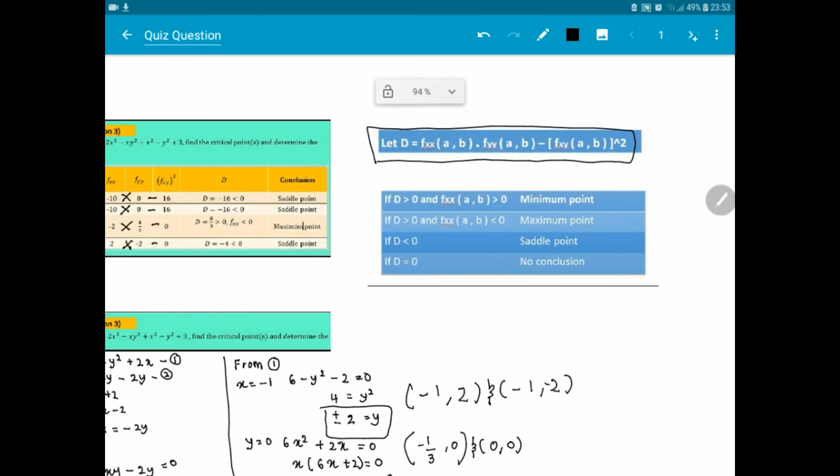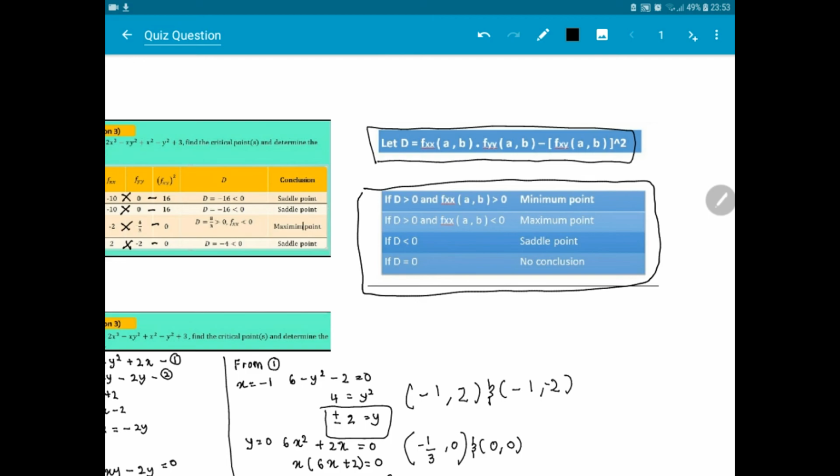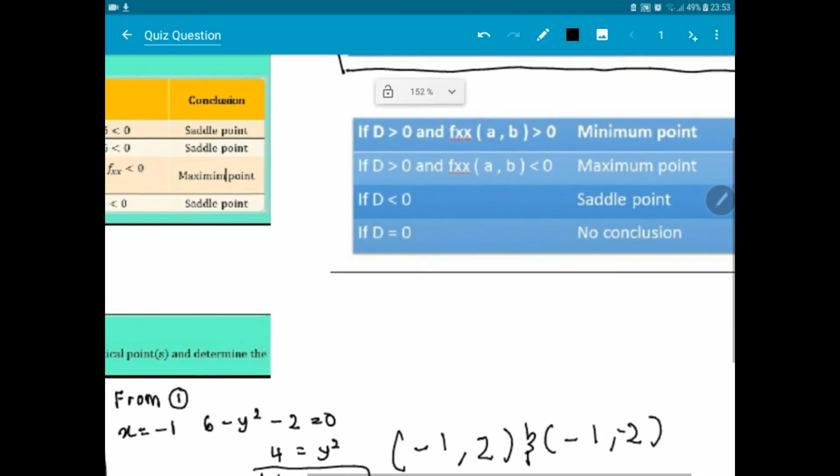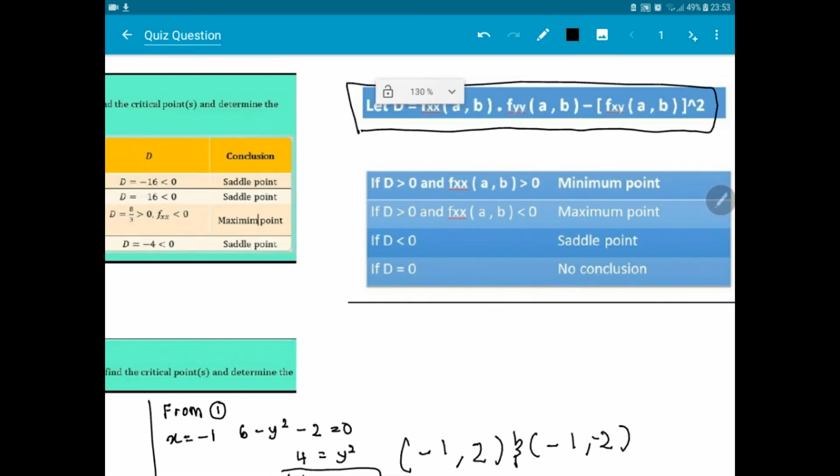When you get the value of D, you need to refer to this table. When I refer to this table, we can make the conclusion: when D is less than 0, the conclusion is saddle point.